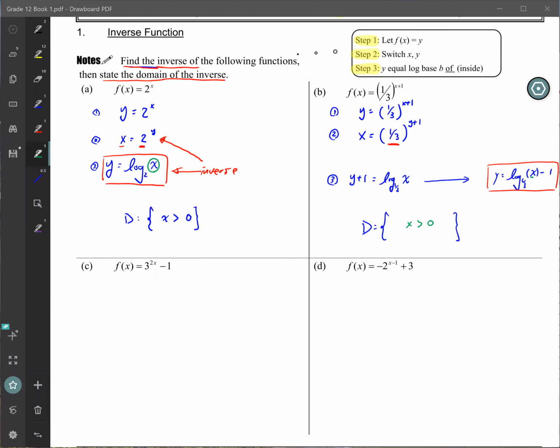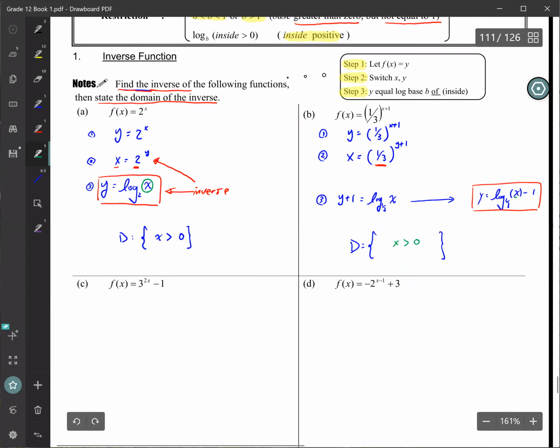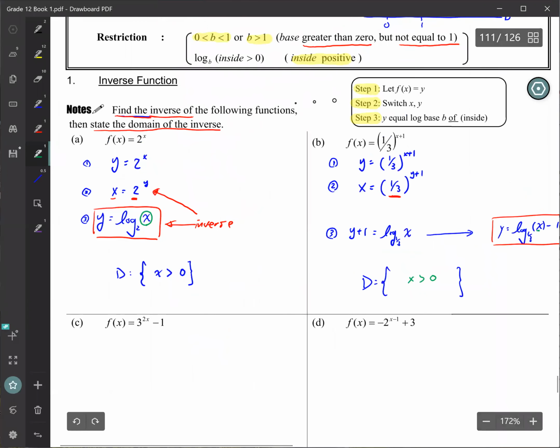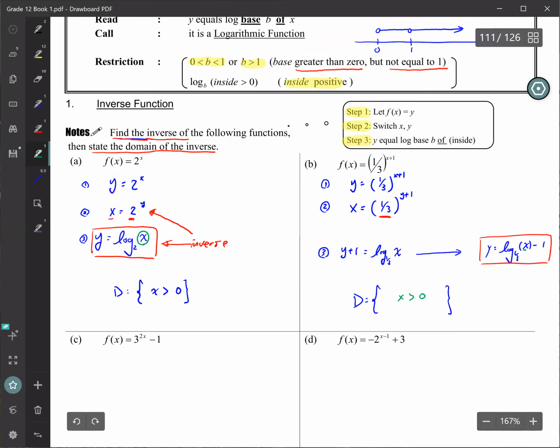All right, so let's look at the next one. So based on the two examples we had, A and B, okay? If you want to start finding the inverse, you need to make sure the form is in exponential form, right? Exponential form means it has on the left side the y, right?